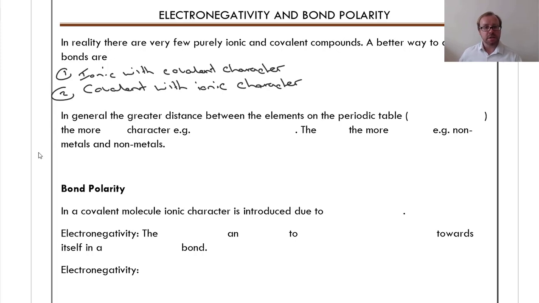Okay, so in general, the greater the distance between the elements on the periodic table, we're talking from left to right, the more ionic character. You think about the periodic table. On the left hand side, we generally have the metals. On the right hand side, we have the non-metals. So really, we're talking about metals and non-metals.